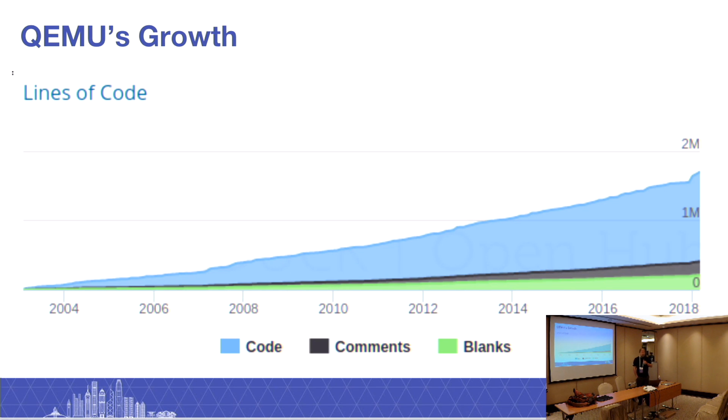QEMU is a relatively old project. It was founded in 2003 by Fabrice Bellard, who some people may have heard of. And ever since then, it's had year-on-year growth in its code base. It's hard to see. There's a couple of small lumps when contributions picked up. So probably the big one was when KVM support started to get added in around about 2008.